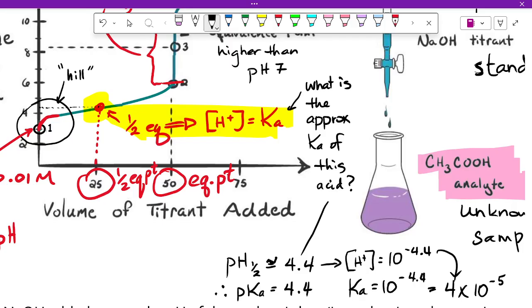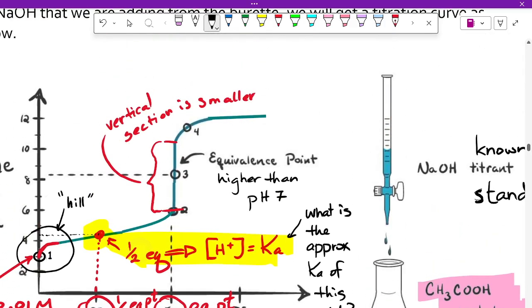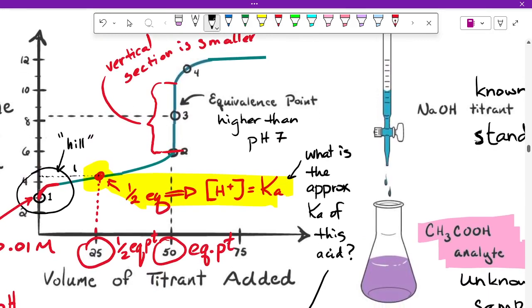We got 4 minutes left. Can anyone guess what makes the pH at the equivalence point higher than 7? Remember, down here we have excess acid. Up here we have excess base.